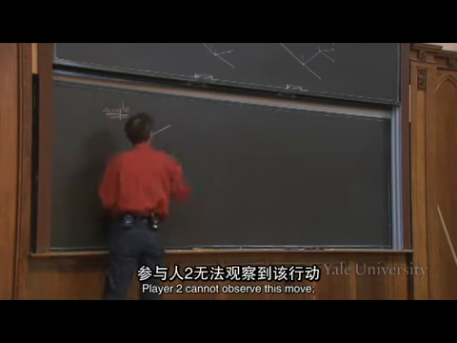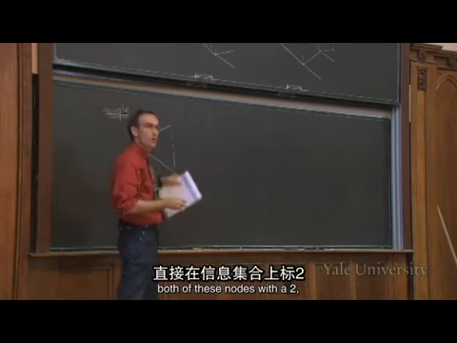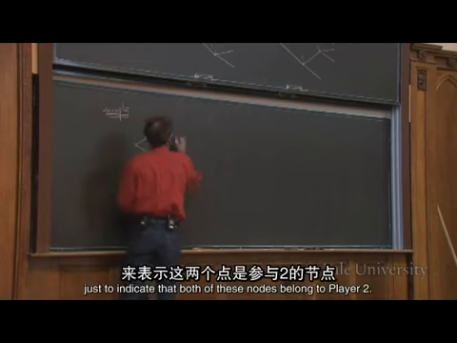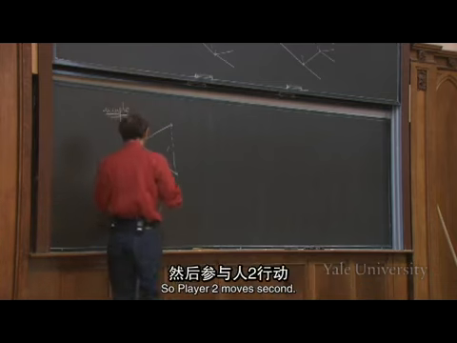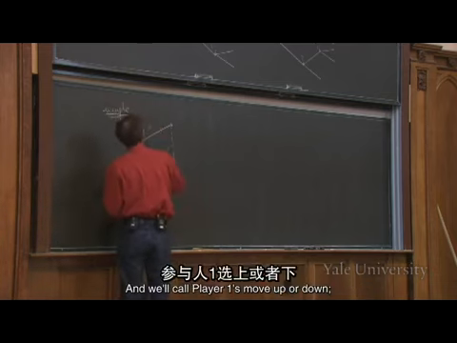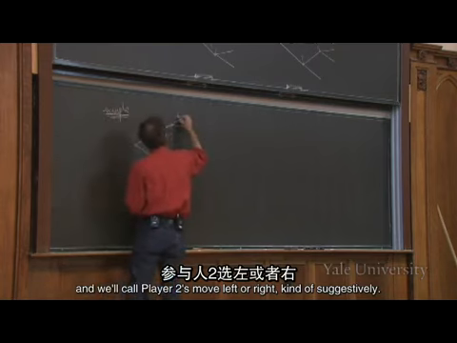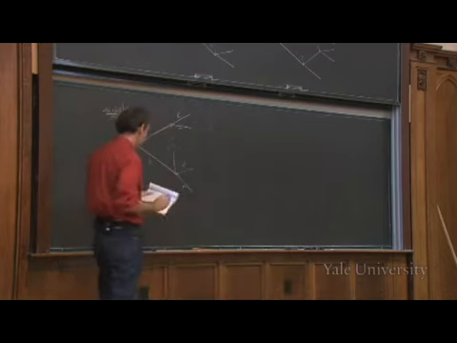Player 2 cannot observe this move, and sometimes, rather than labeling both of these nodes with a 2, I'll just put a 2 on the information set, to indicate that both of these nodes belong to player 2. So player 2 moves second, and we'll call player 1's move up or down, and we'll call player 2's move left or right. Kind of suggestively, left or right.